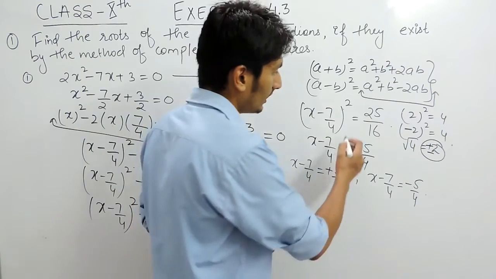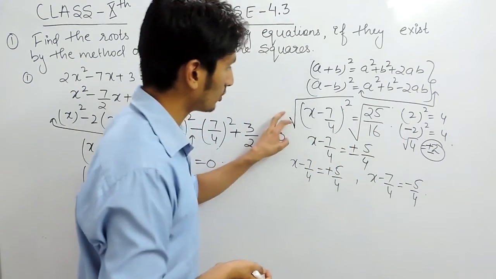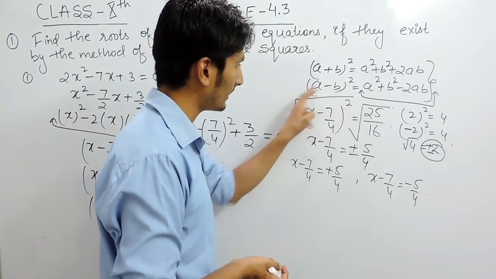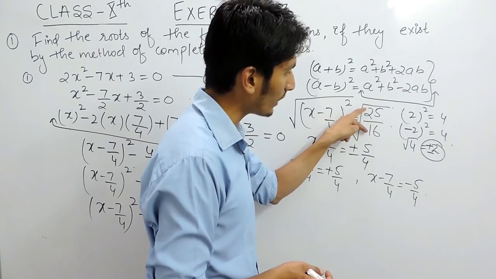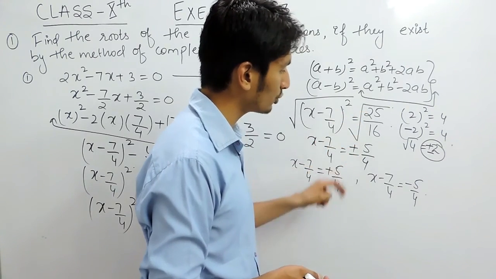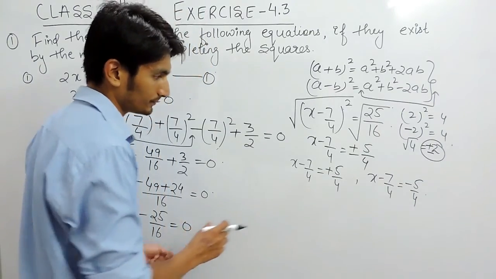Similarly, when I take the square root of these values, the square and root cancel out and give this. But when we take the square root of 25 and 16, the result would be plus 5 by 4 or maybe minus 5 by 4.